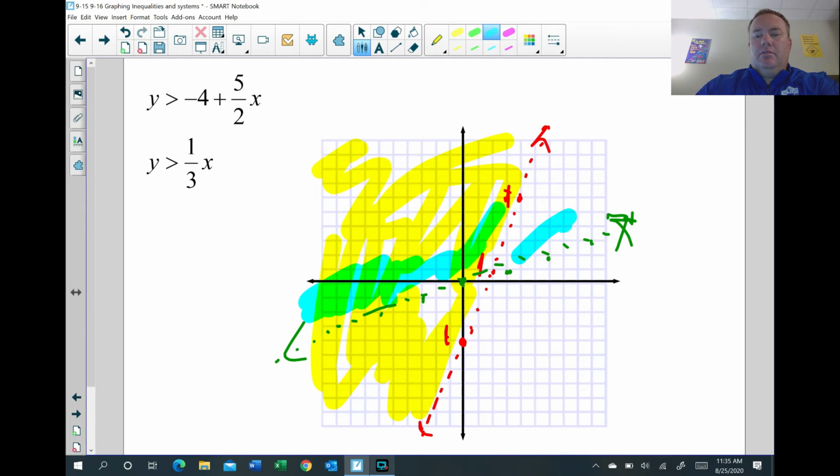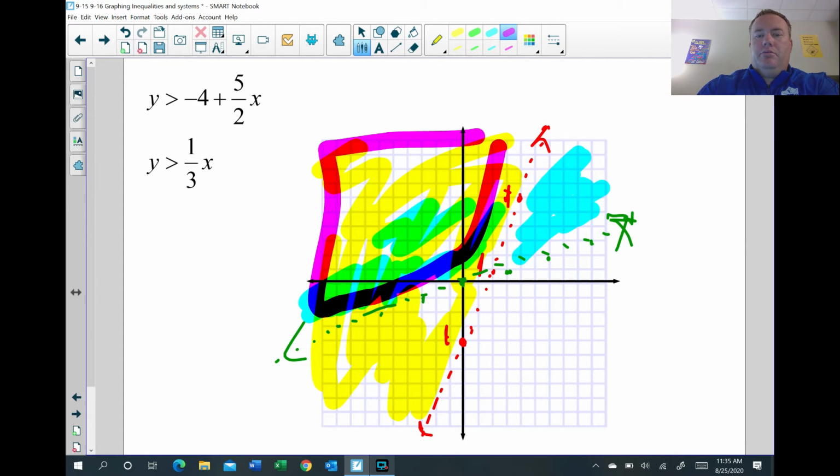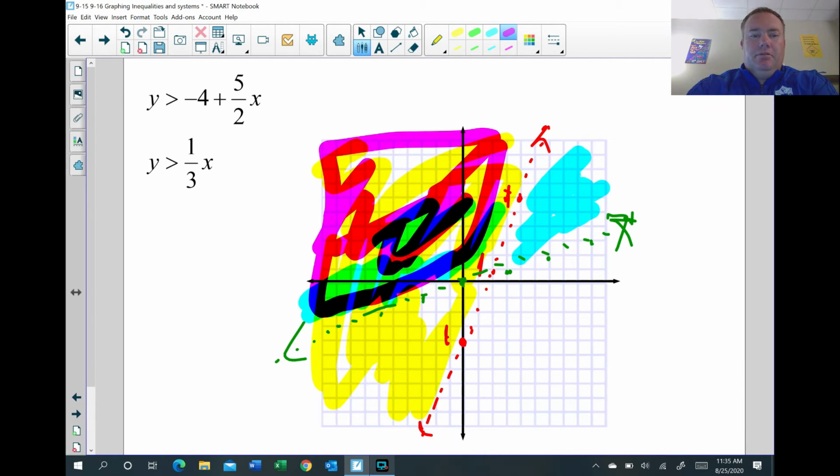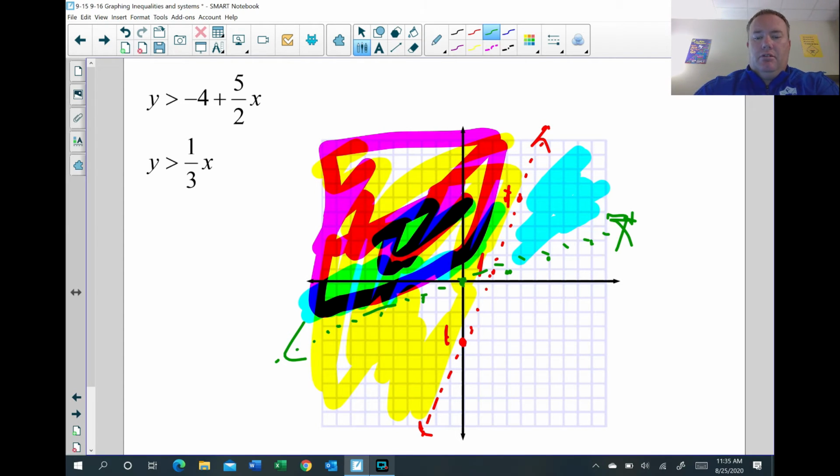Okay, so the only area that is shaded by both will be this area in here. Now do remember, when we talk about just the greater than symbol, points on that line are not part of the solution. So points on this green line are not going to be a solution, nor on the red. So remember that clearly.